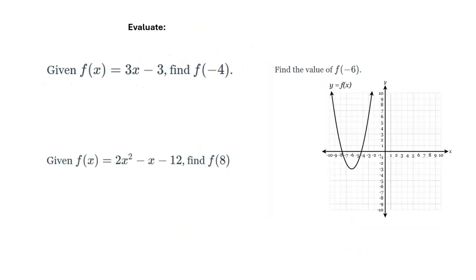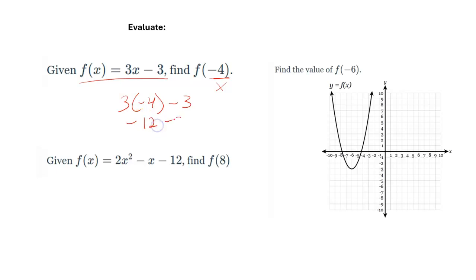It's going to be helpful to know how to evaluate a function. When we say evaluate, we are looking at what the y value is when we are plugging in the x value. So I have a function here, f of x, and this is my x value. All I'm going to do is substitute -4 everywhere I see an x, and then I'm going to work it out.